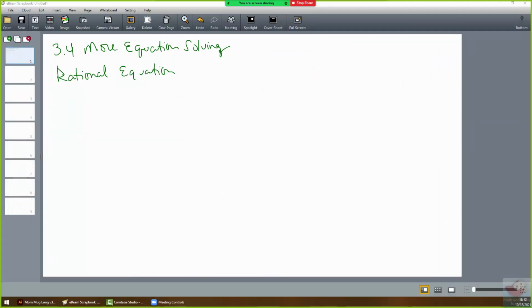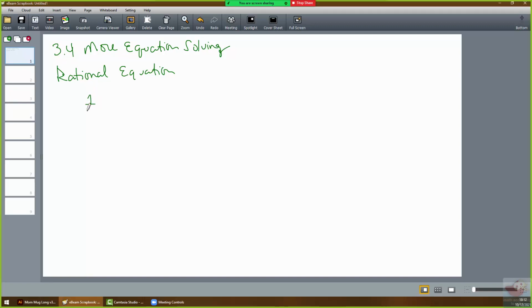So it would be 1 over 3x plus 6 minus 1 over x squared minus 4 equals 3 over x minus 2. So there's really not a lot of theory in this section and the next one. It is just pure examples.